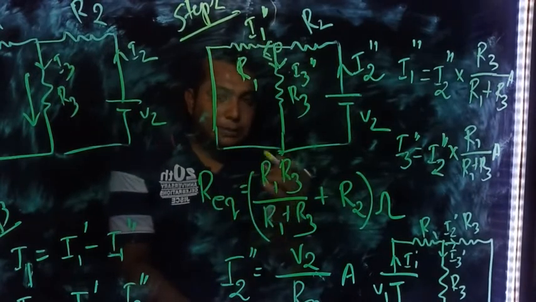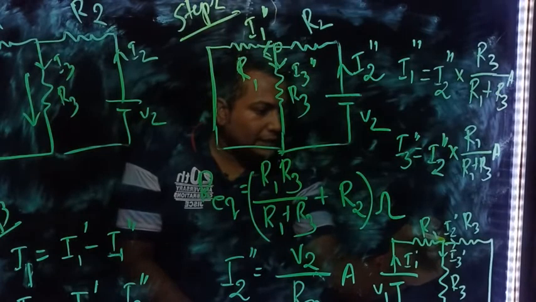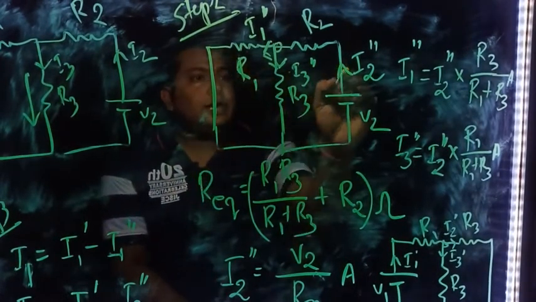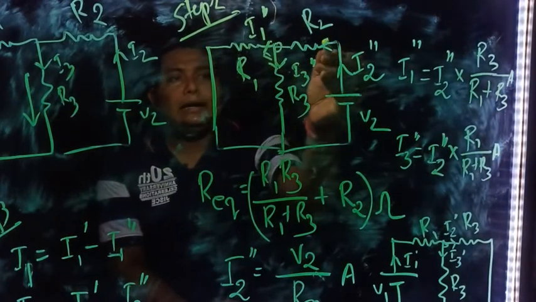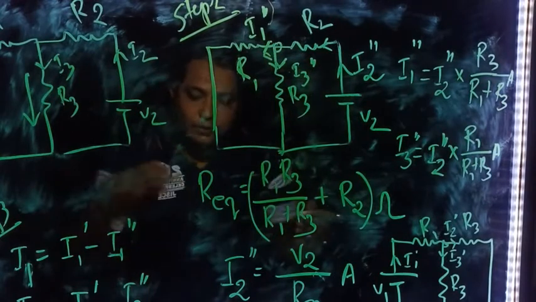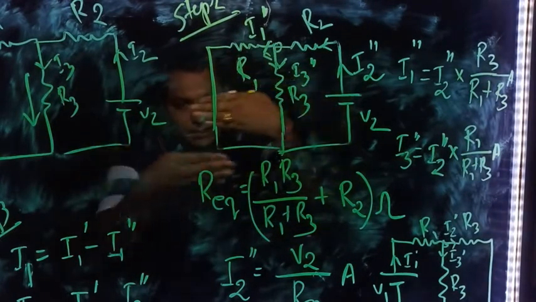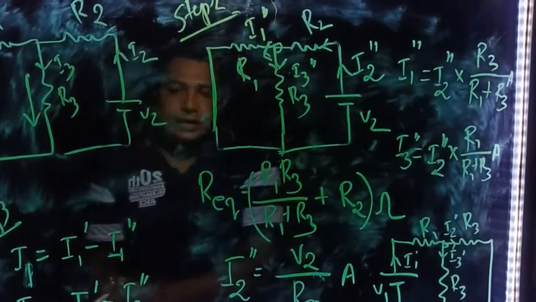In step 1, the I2 bar direction is from this side to that side, correct? And in step 2 the direction of I2 double bar is this. So I2 bar direction is this and I2 double bar direction is this. That means both are opposite, and if both are opposite, there will be a minus.